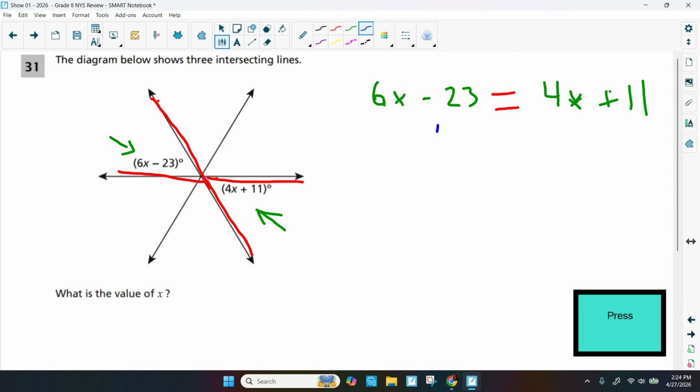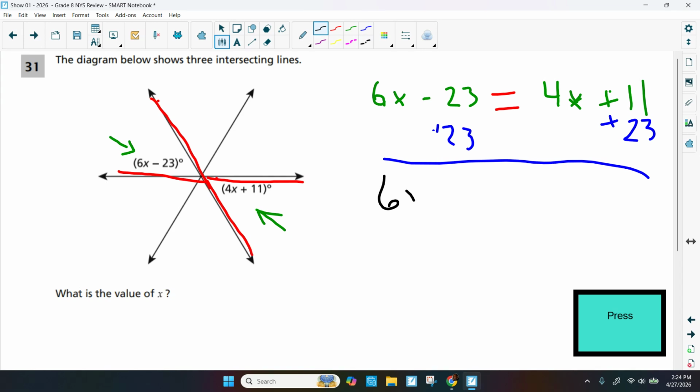So, I'm going to bring the 23 over to here, and that'll give me 6x, and the 23's cancel out, and I'll have 4x, and 11 plus 23 is 34.